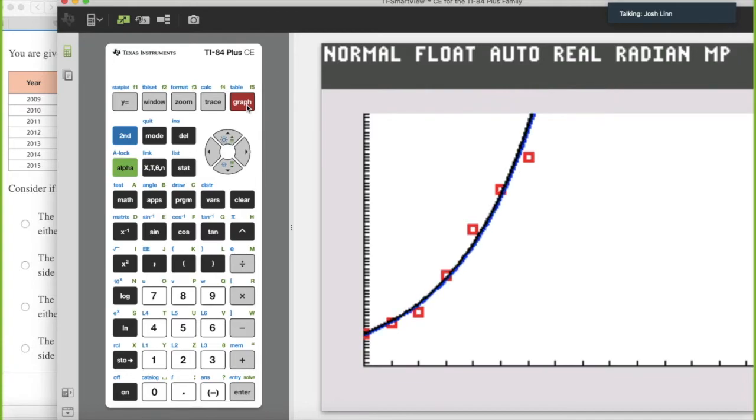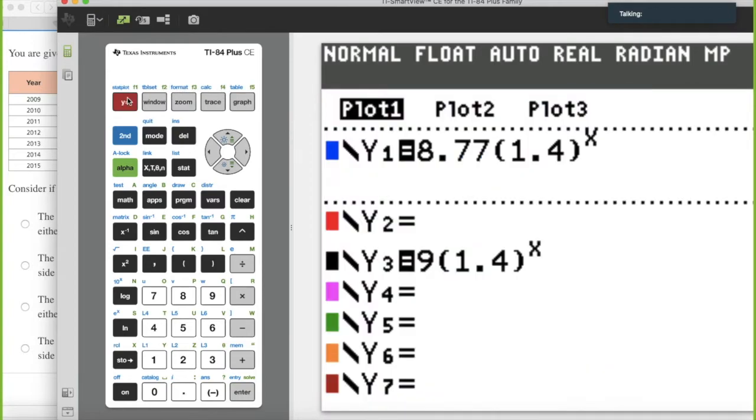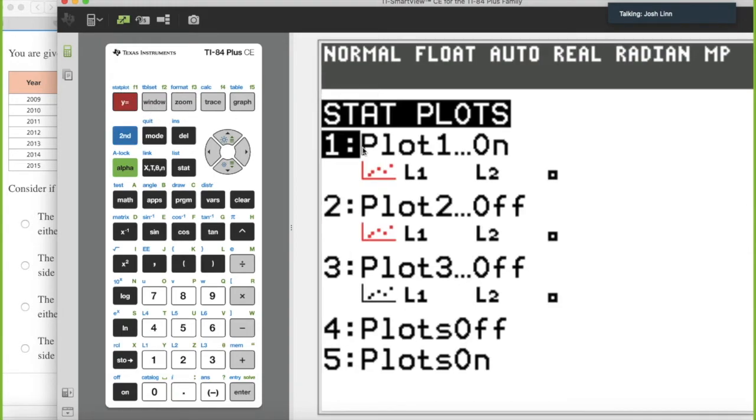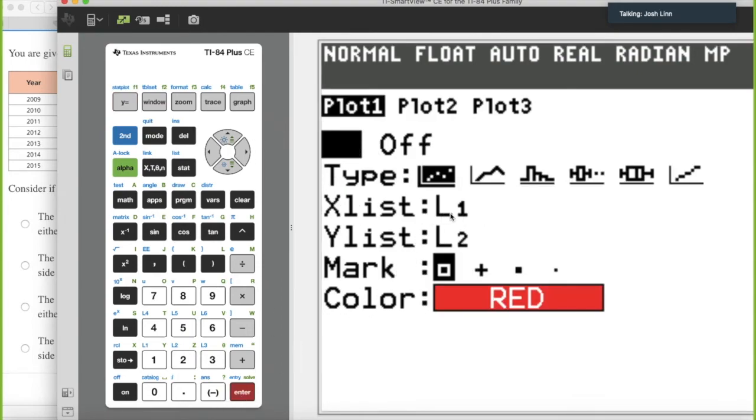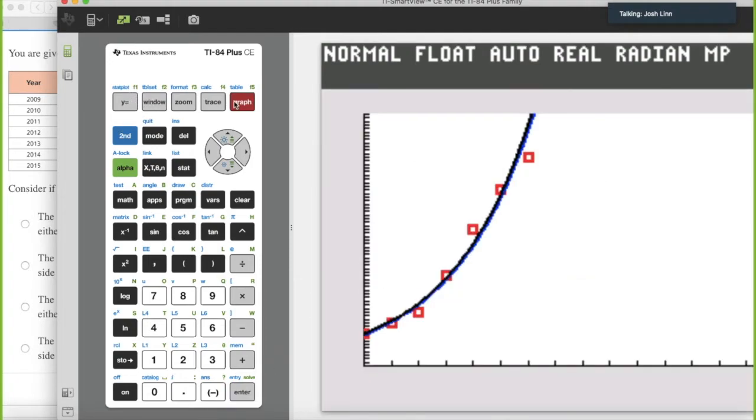So let's clear that other stuff off the screen. So what had happened was, so we have our two y equals equations. And over here under stat plot, we had our L1 and our L2 list reversed. So always make sure that you know what your calculator is doing. It'll only do what you tell it to.